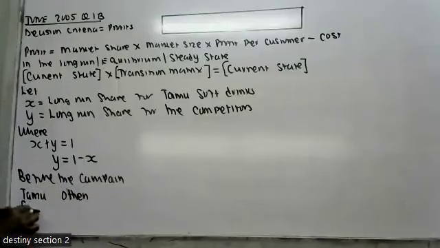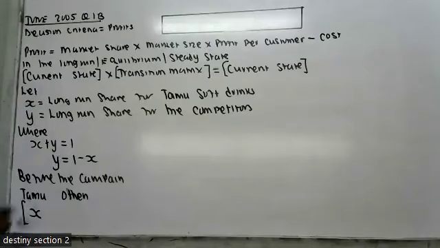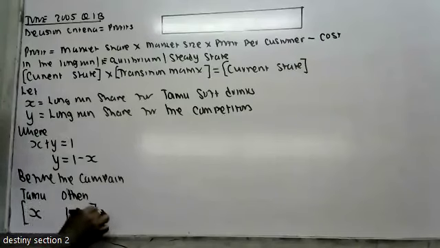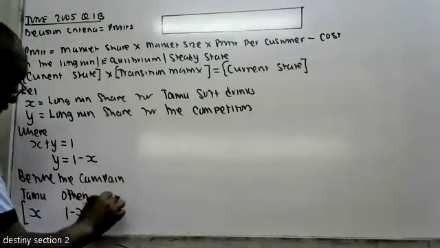Tamu is represented by X. Others, the competitors, is represented by Y. But instead of bringing Y, we normally bring 1 minus X, to come and multiply the transition matrix. The transition matrix looks like this.